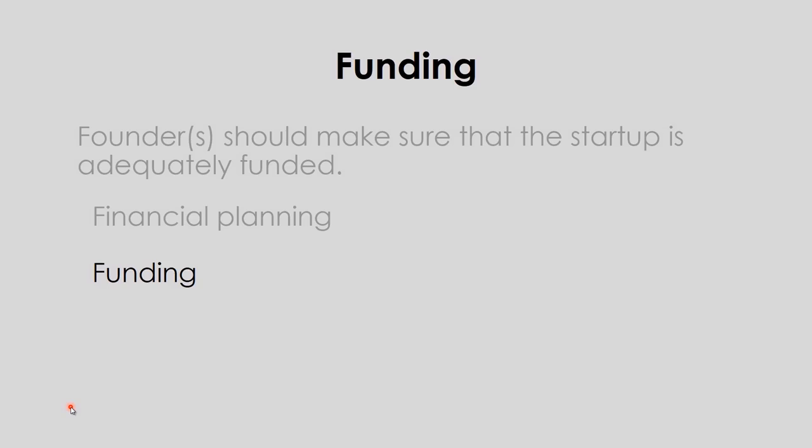Funding is a process where you exchange a part of your company with investment money. For this exchange, you need to know what the value of your company is. In this course, we will also cover all these topics: financial planning, funding, and valuation.